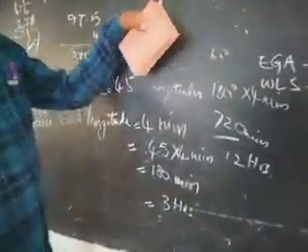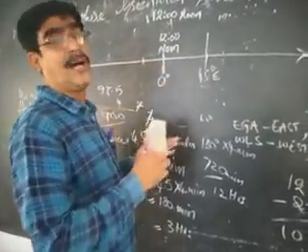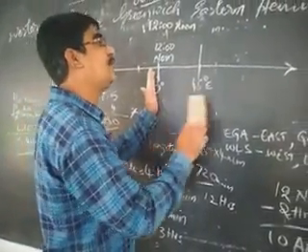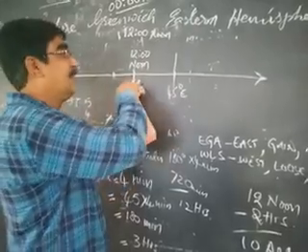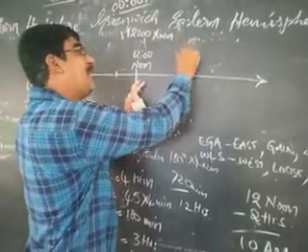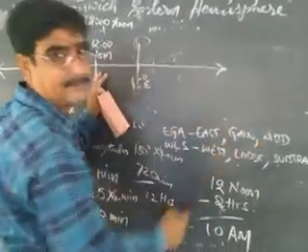It is 12 noon. Then what is the time here? See, you should observe one thing. You are going towards the east. Till now we have seen the west. Now we are going towards the east. We should find the time for east. East gain add.